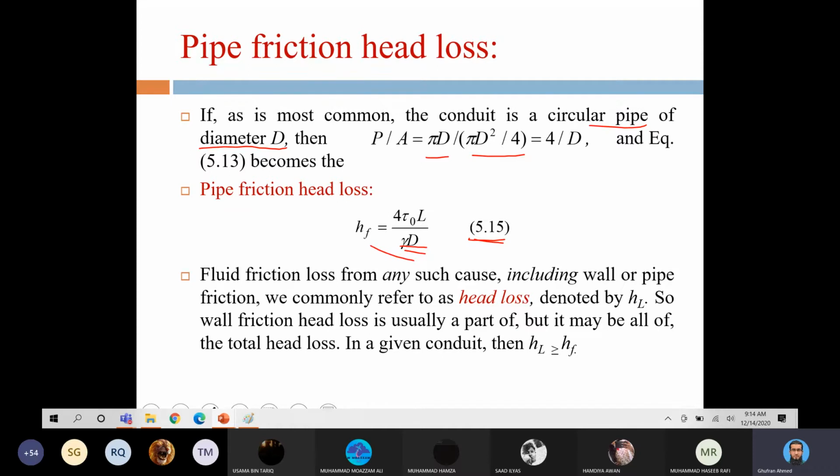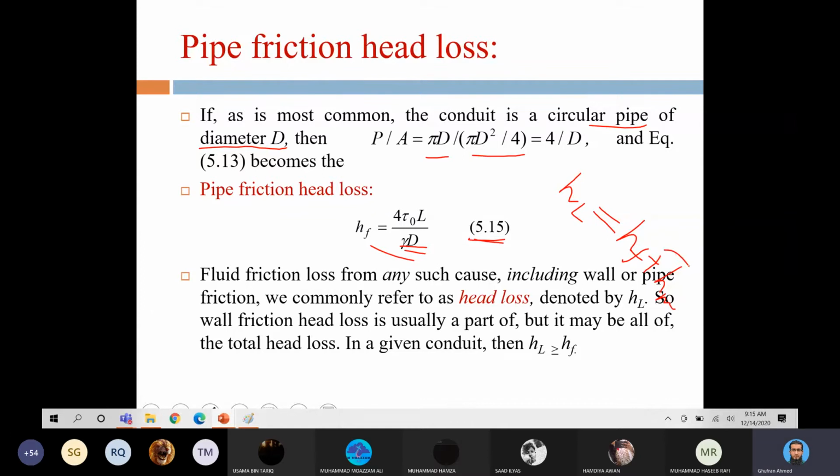Fluid friction loss from any such cause, including wall or pipe friction, we commonly refer to as head loss, denoted by HL. So wall friction head loss is usually a part of, but it may be all of, the total head loss in a given conduit. Then HL is greater than HF. Understand this: HL is the total head loss, and it would be a summation of HF plus HM.